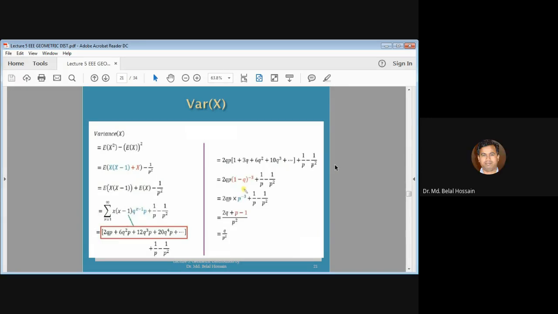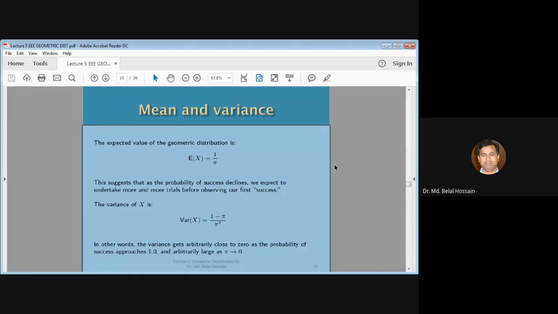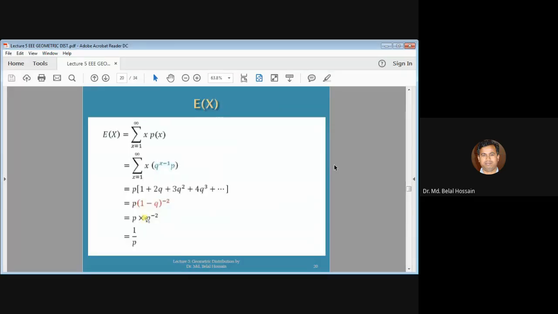if you don't have any question, this is good that you got everything, that is the mean and variance of geometric distribution. So we have learned so far binomial distribution, hypergeometric distribution, Poisson distribution, and geometric distribution.